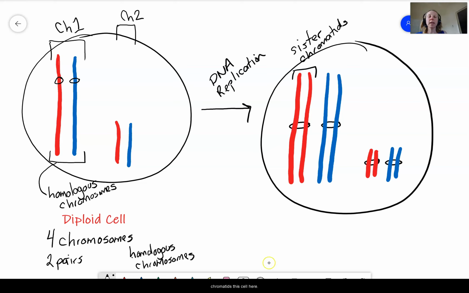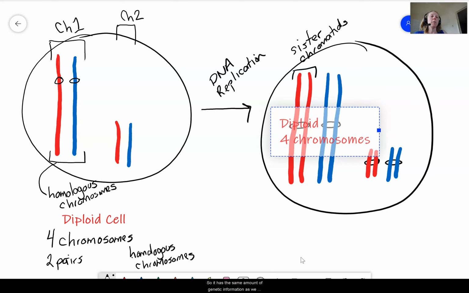Okay, so this cell here is also diploid. It also has 2 pairs of homologous chromosomes. It has 4 chromosomes, just like we saw in the other cell.